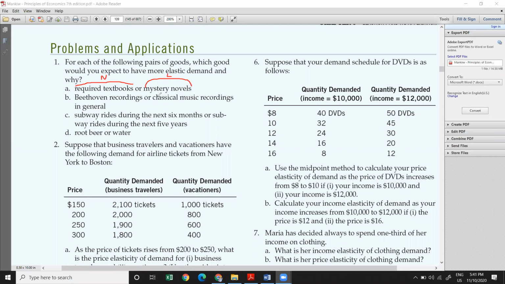Beethoven recordings have more elastic demand than classical music recordings in general. Beethoven recordings are a narrower market than classical music recordings. So there's a narrower definition in here. So it is easier to find a close substitute for them.